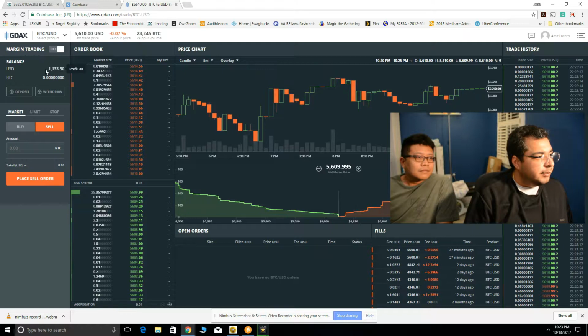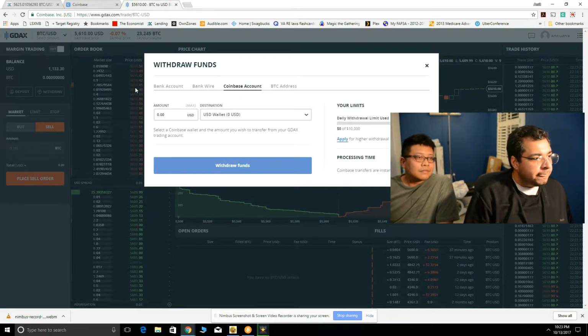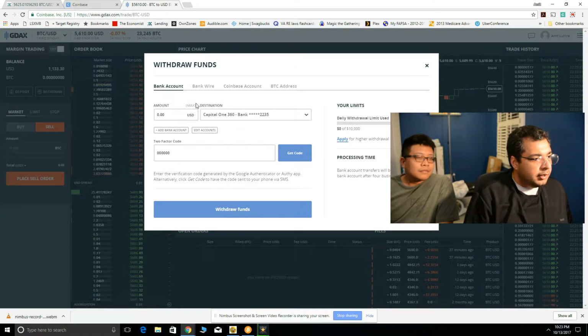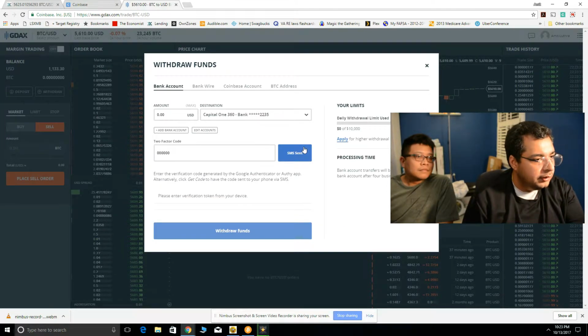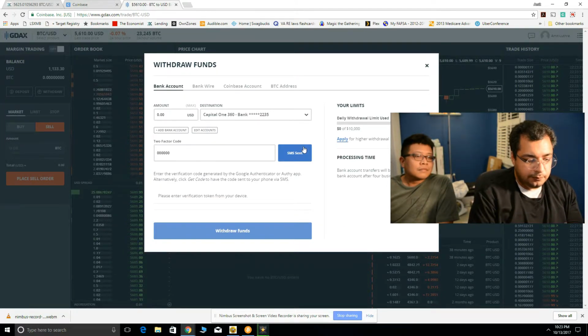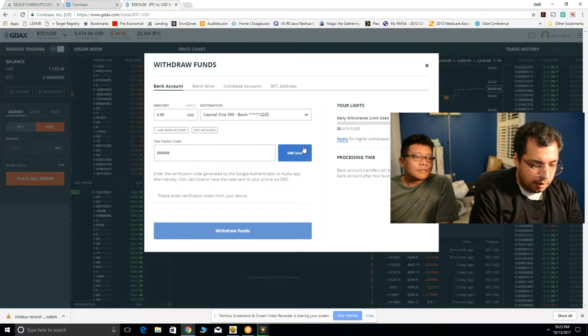Now to move that into your bank account, all you have to do is go to the withdrawal tab, go to bank account. It has your bank account populated from Coinbase, and you ask for the code from the Coinbase server, and it'll send it over to my email or my phone.